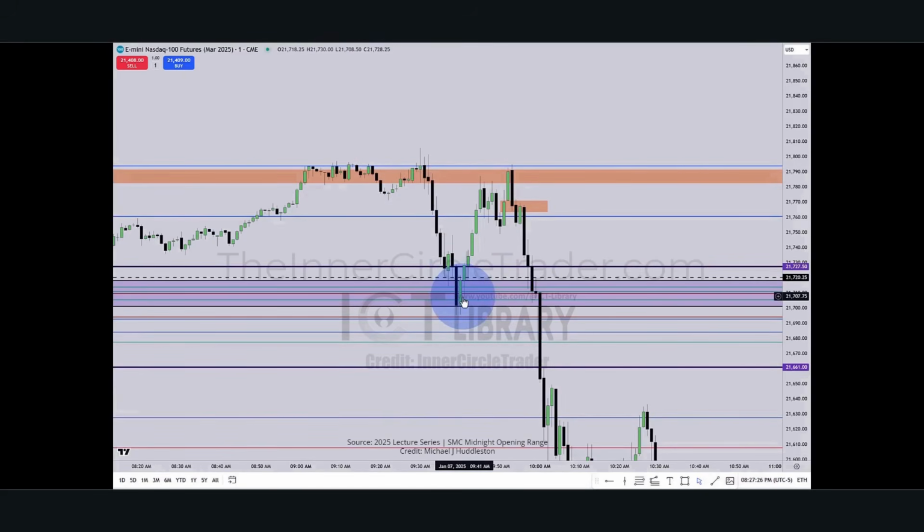Everybody wants to dog pile on it and go short. And then they send it right back up to that volume imbalance. And then we have this move lower. And this is an inversion fair value gap. So once we trade through it, coming right back up into the bottom of it, look at the bodies. Are the bodies respecting the halfway point? Yes. Stopping dead in its tracks.